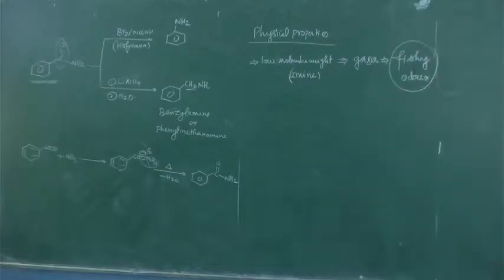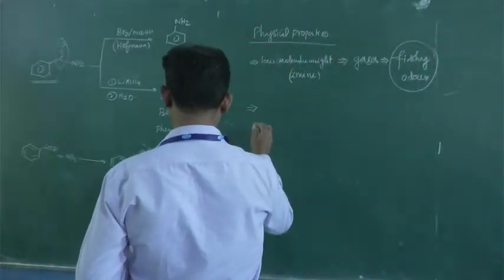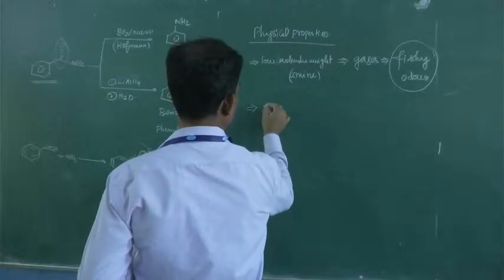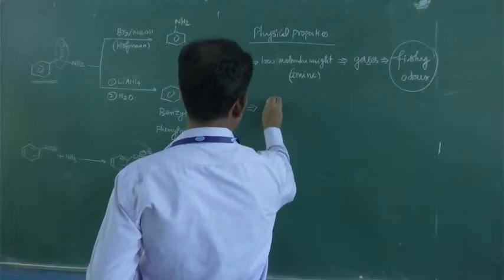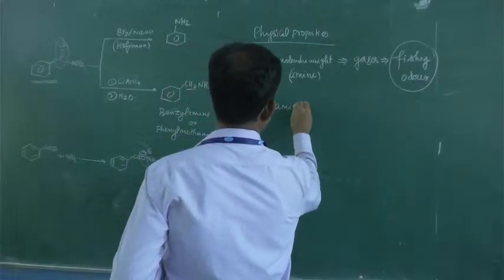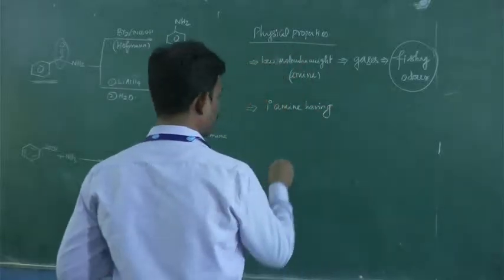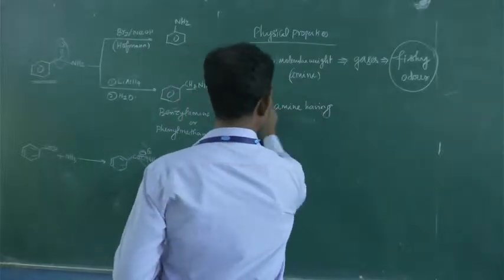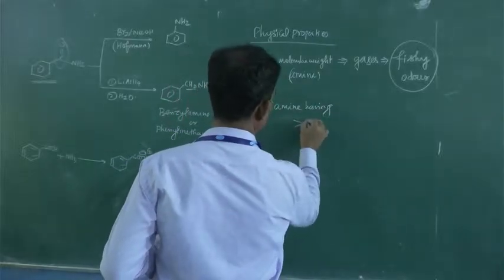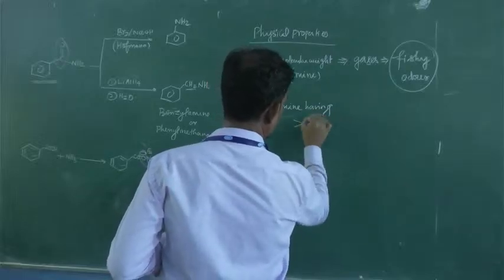Okay, what odor will it have? Fishy odor. And the next is going to be, suppose we have 3 to 4 carbons, the primary amines having 3 to 4 carbons, or more than 3 carbons. Is it clear? More than 3 carbons.